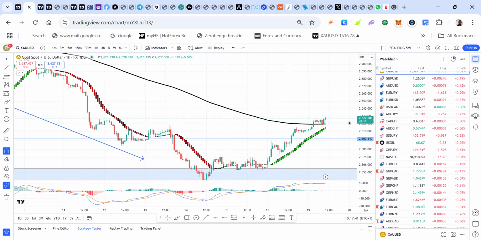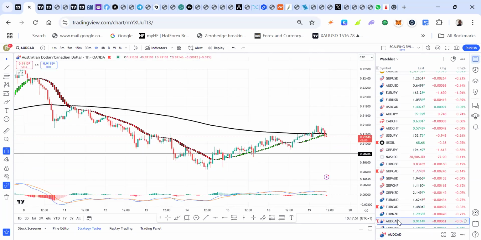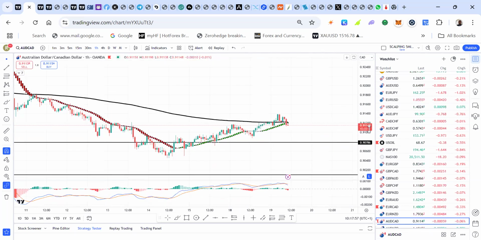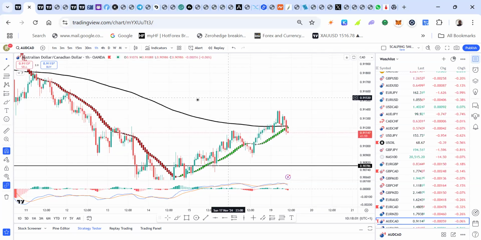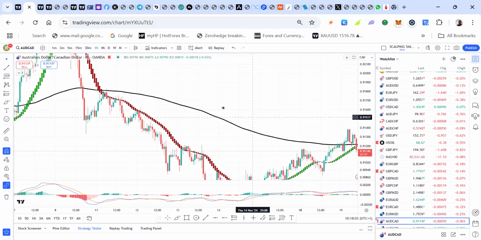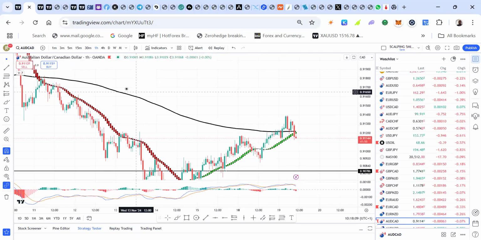Okay. All right, so I was looking for AUD card. So let me see AUD card. I'm on AUD card for a buy. From what I can see now, the trade was actually in profit, but it is now selling.